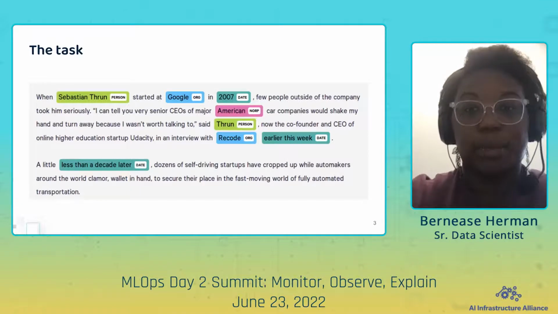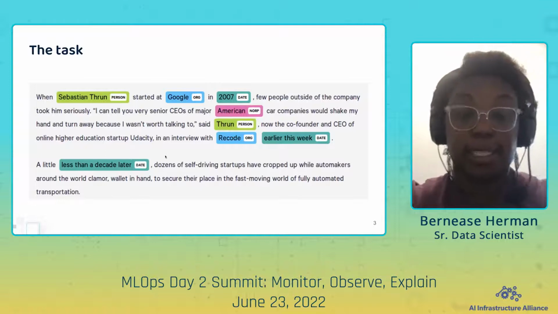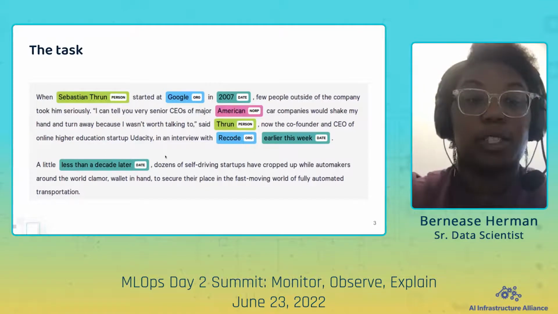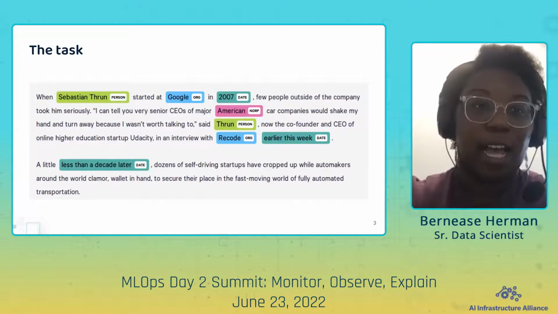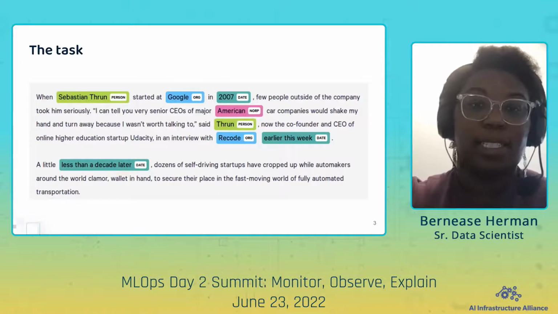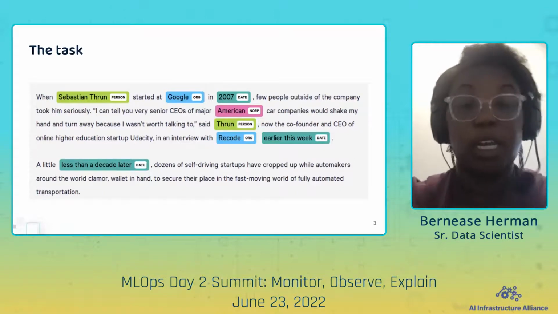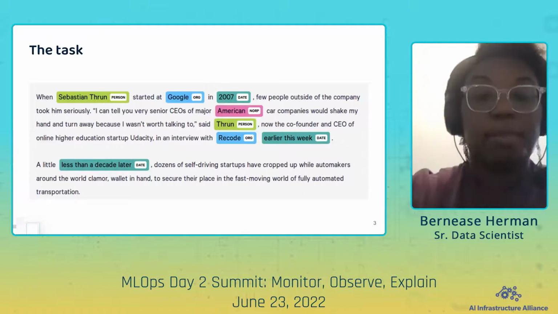So for named entity recognition, often what I want to do is I have some text, like a paragraph or a document, and I want to basically select and classify named entities. So these are proper nouns, essentially. They're things like people or organizations or dates, that sort of thing.